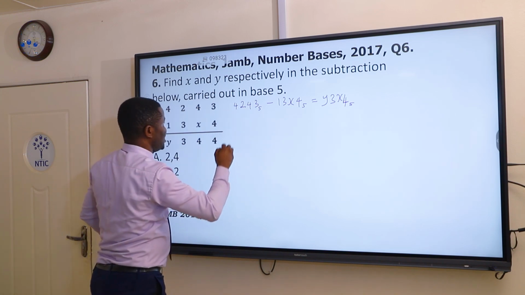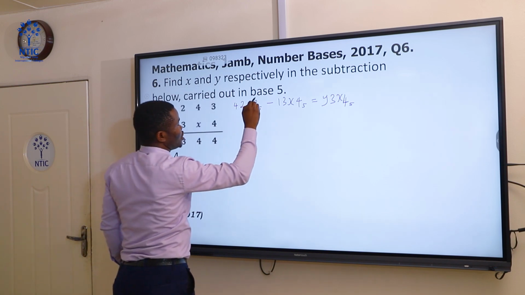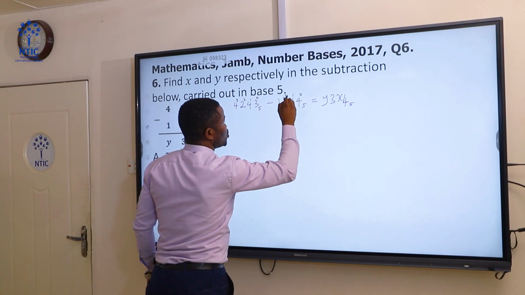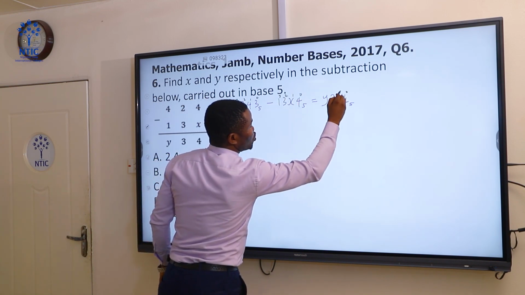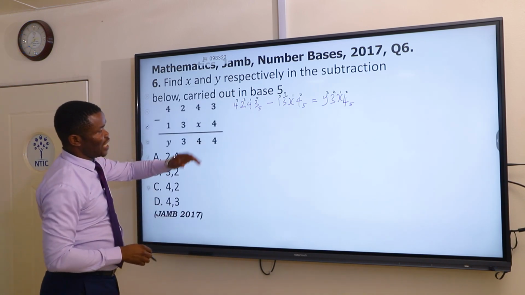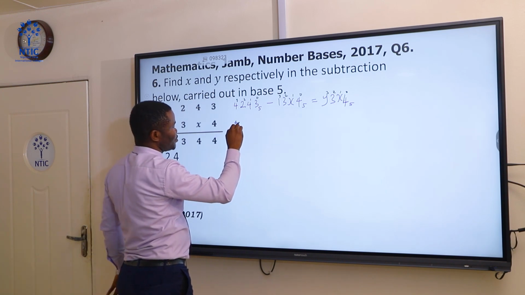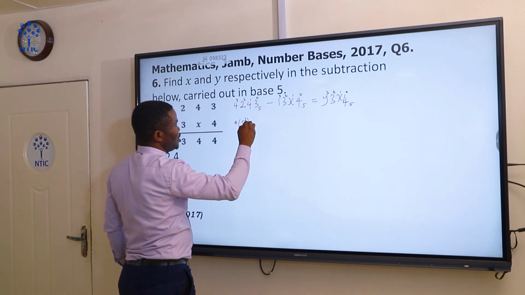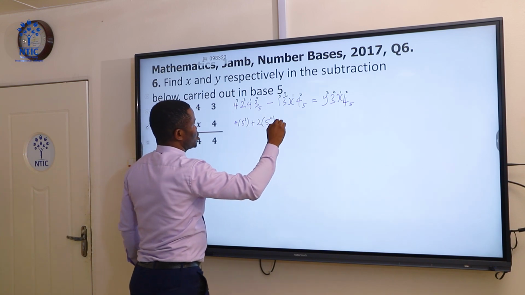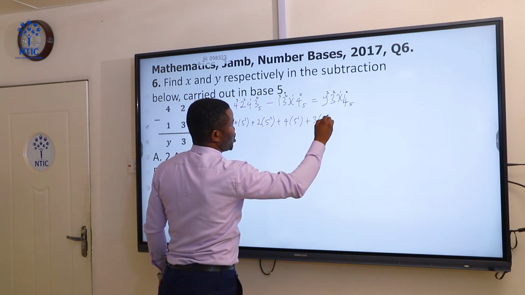So let's start with this by assigning superscripts 0, 1, 2, 3, 0, 1, 2, 3, 0, 1, 2, 3. So we can go ahead and convert all of them to base 10. First, this is going to be 4 times 5 raised to the power 3 plus 2 times 5 raised to the power 2 plus 4 times 5 raised to the power 1 plus 3 times 5 raised to the power 0.